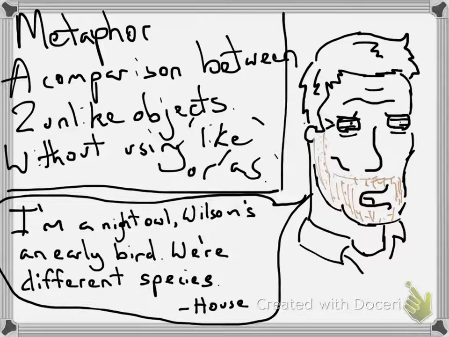So you're comparing two objects you normally don't compare in order to create some type of effect or explain what something is. For example, we got a good quote from House. I'm a night owl. Wilson's an early bird. We're different species. So as you notice, he's comparing himself to a night owl. He's comparing Wilson to an early bird. That helps you understand what kind of people they are. He's a night owl, so that means he likes being around at night. Wilson is an early bird. He likes being up in the morning. So it's just used to explain something.